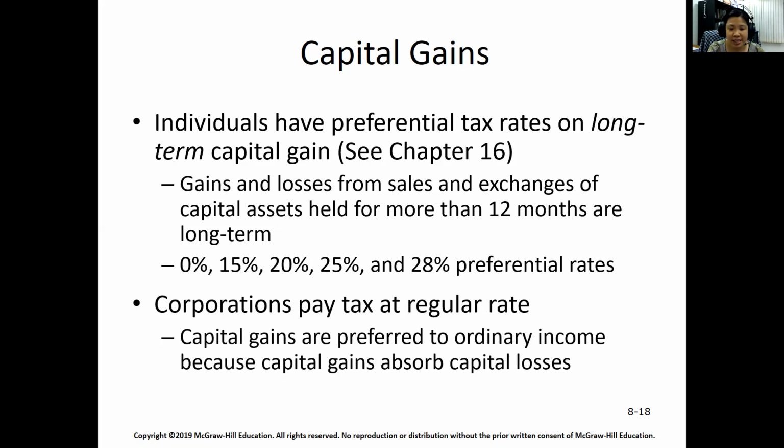But the good thing is that if you have a capital gain, it will help you to absorb any capital loss that you have during that year. So you can subtract capital loss when you have a capital gain.